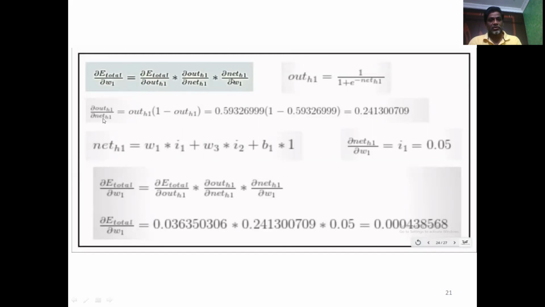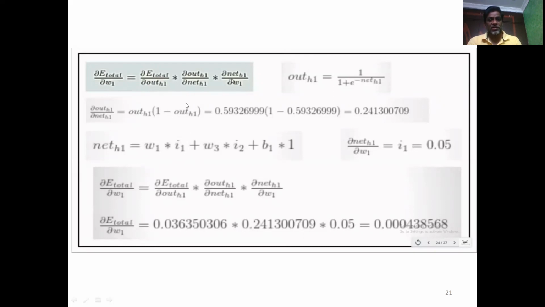So let us calculate those two also. ∂outH1/∂netH1 is going to be outH1 into (1 minus outH1). It's going to be 0.59 into (1 minus 0.59), which will give 0.24. And finally, ∂netH1/∂W1, that is the coefficient of W1, is going to be I1. Okay, so I1 is 0.05.